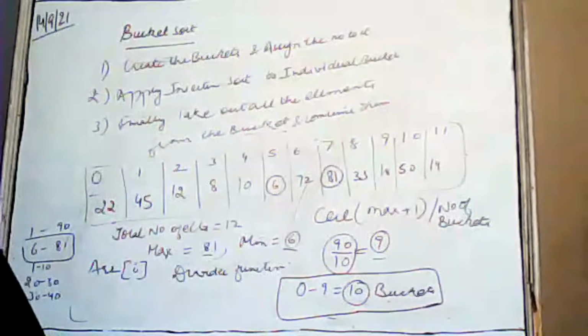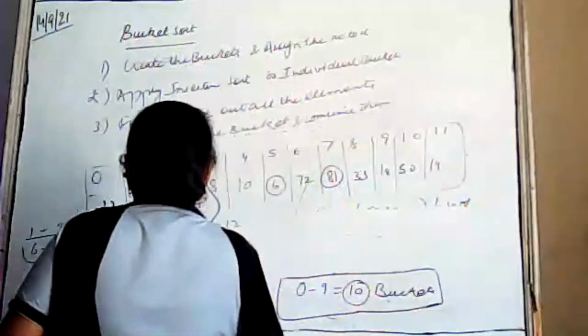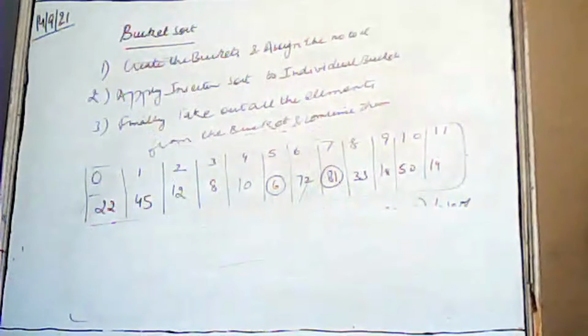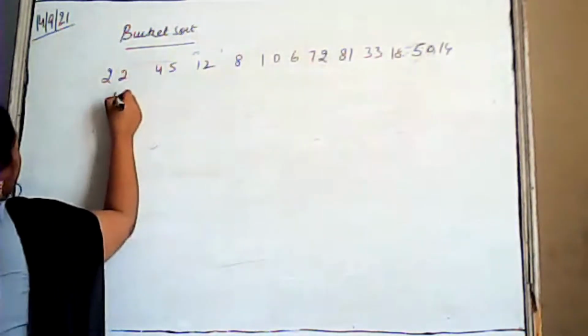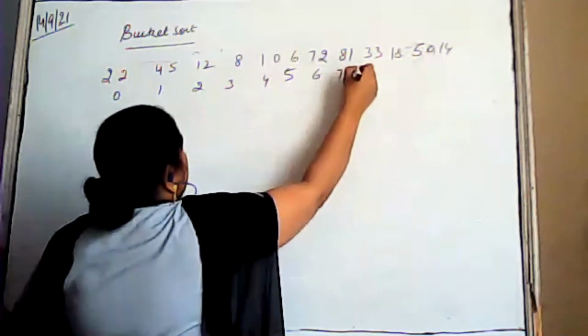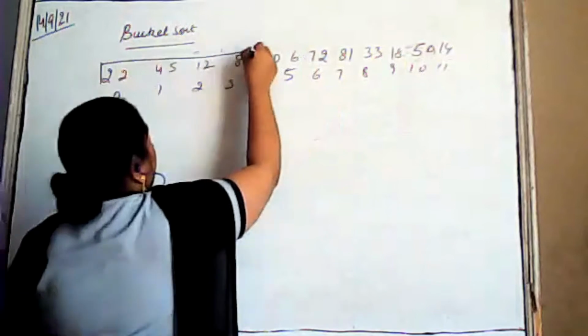Okay. So let's do it. We will take two arrays, one to traverse this, and we take two variables. So first of all, bucket one, these are the elements. 11 elements, so this is the array.